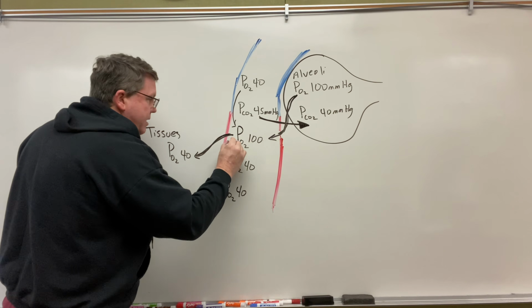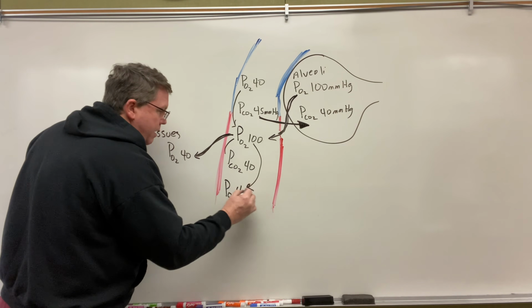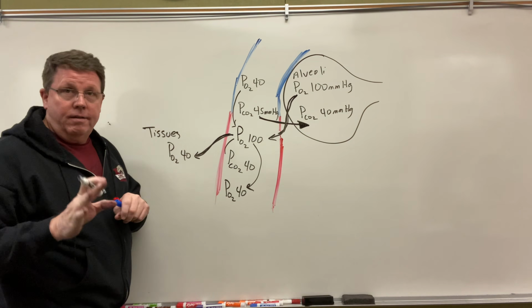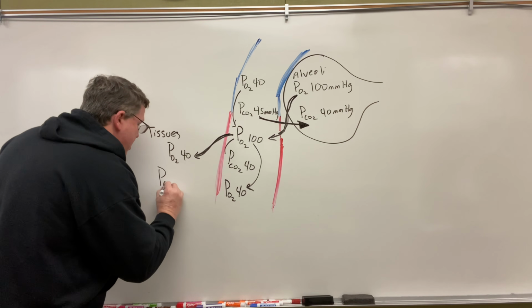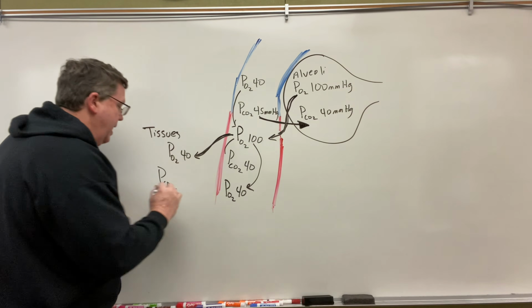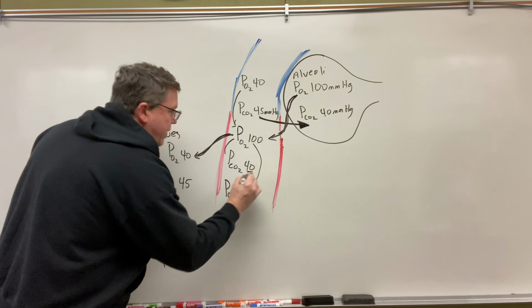Okay? So this has become like this, because of the fact that we had less pressure over here. The other thing that's going to happen is now I have my carbon dioxide there, and my carbon dioxide is at 45. Well, this is 40.